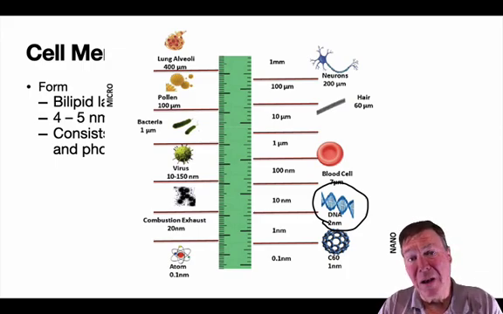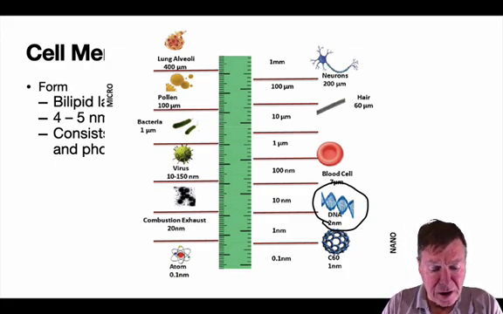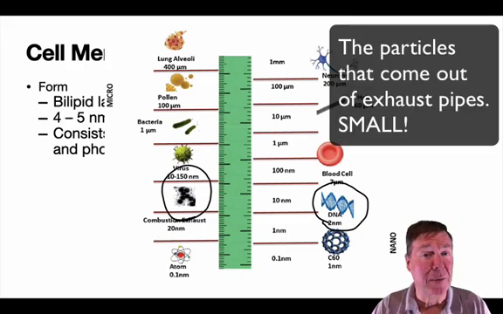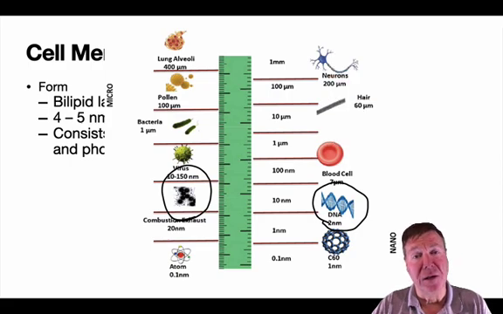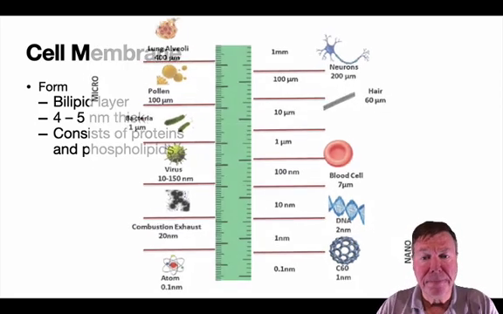So we're talking about less than half of a strand of DNA. You can also see that combustion exhaust over on the other side is about 20 nanometers. So it's about a quarter of the combustion exhaust you see coming out of cars or trucks. So that gives you an idea of the size.